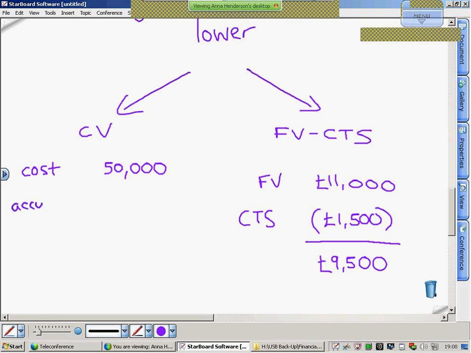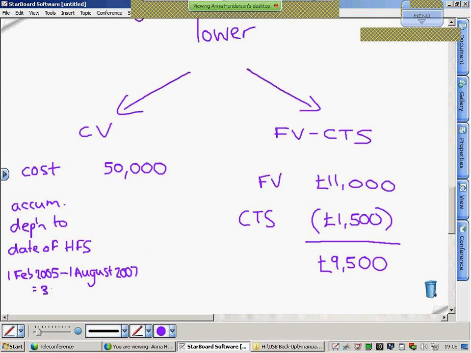We need the accumulated depreciation for the period held for sale, from the 1st of August to the 30th of September 2007, which I mentioned before, comes out at 30 months.